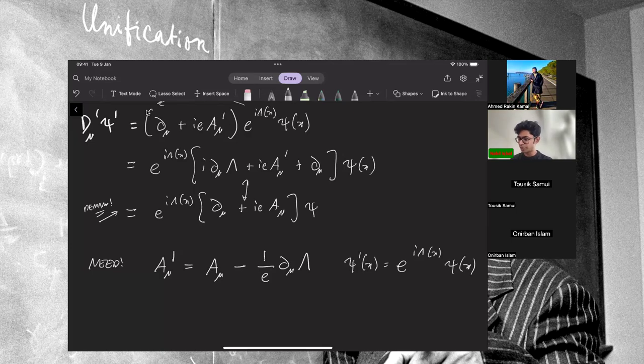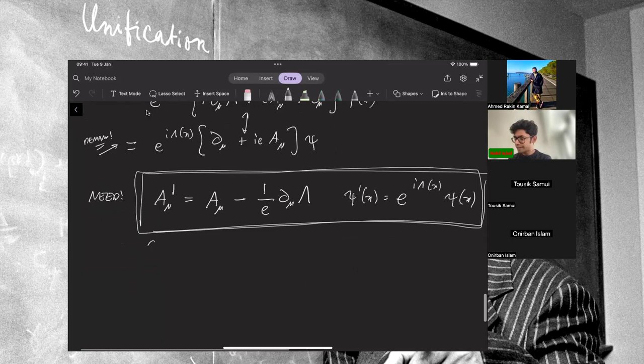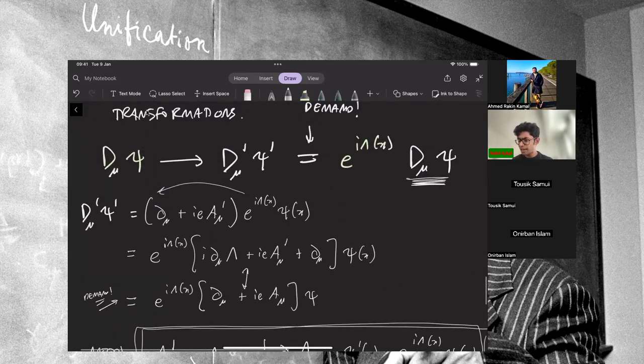And similarly, A_mu depends on x. Okay. So this is the gauge transformation of A. If we take A to transform like this under a gauge transformation, then the covariant derivative D_mu of psi does transform like this under a gauge transformation. It picks up an overall factor of e to the i lambda of x.